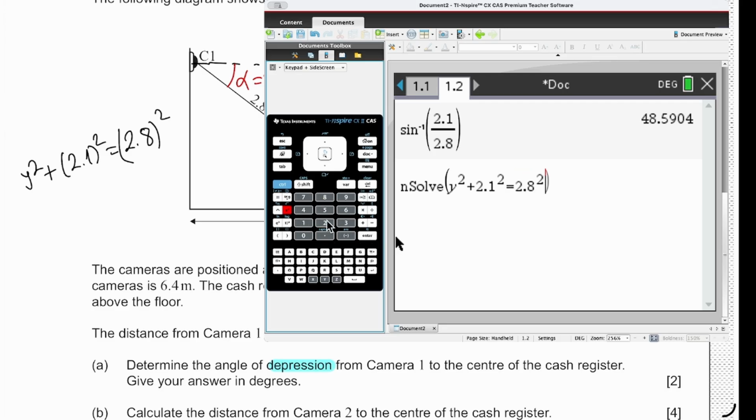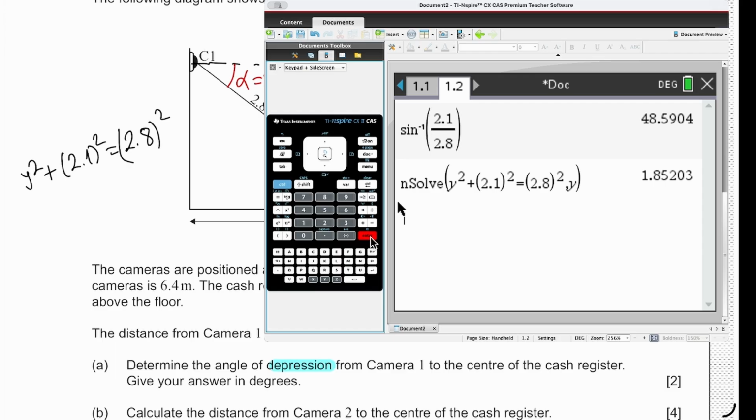Then comma, comma y. This is how numerical solve works, right? Of course, we will have two answers, but we're going to use the positive one, because distance is always positive. Okay.